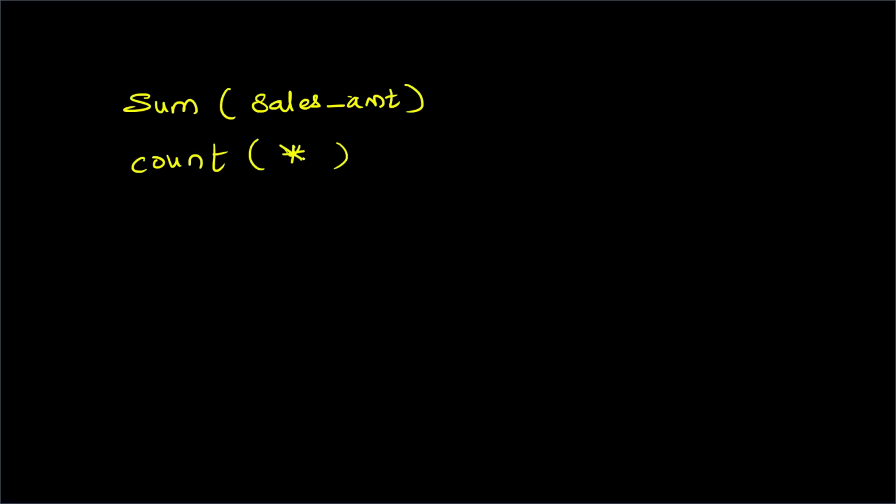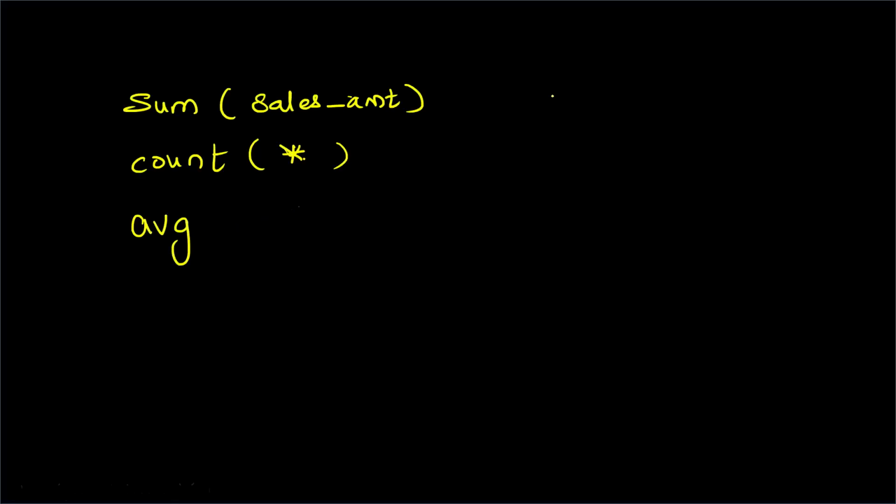The most common summary functions are sum. For example, there is a column saying sales, sale amount, or any amount, so sum of the sales amount column. Then there is a summary function count. I want to know how many customers are there, so count star will give the count of number of records. I want to know what is the average ticket price.